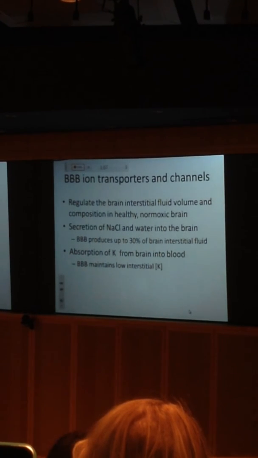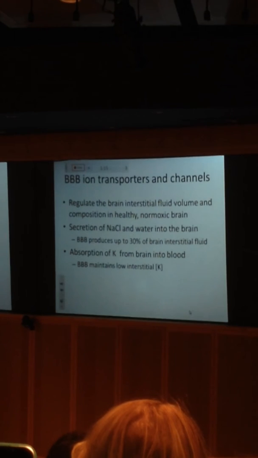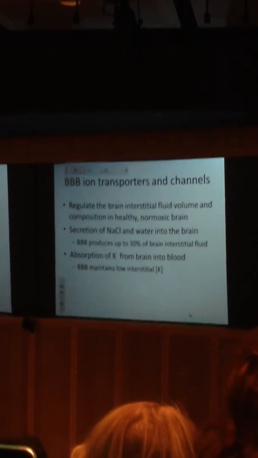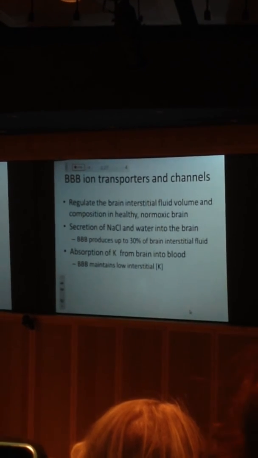Okay, so secretion here is a secretion of sodium chloride and water into the brain. The blood-brain barrier is constantly doing that. Does that make sense? Okay, what kind of ion concentration should you find in the interstitial fluid for sodium, high or low? High, very good. You want to find it high, so secretion makes sense.